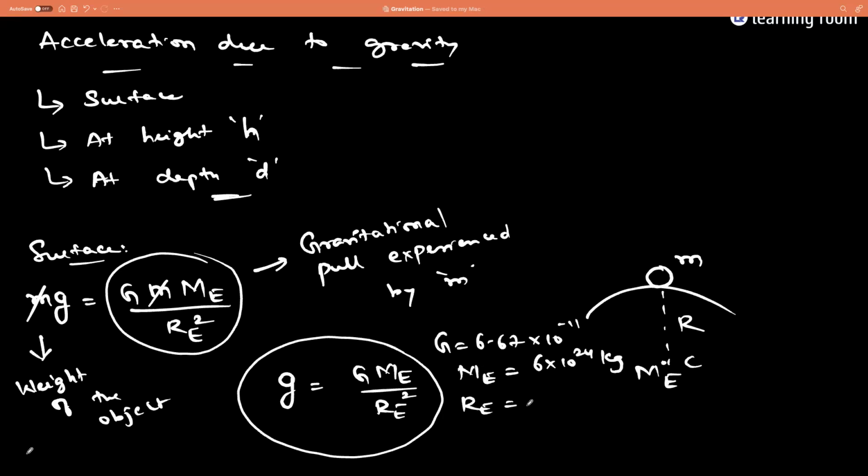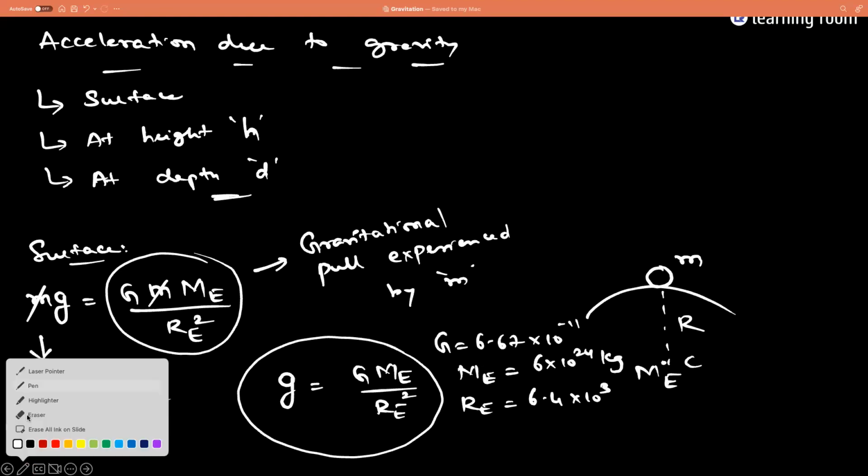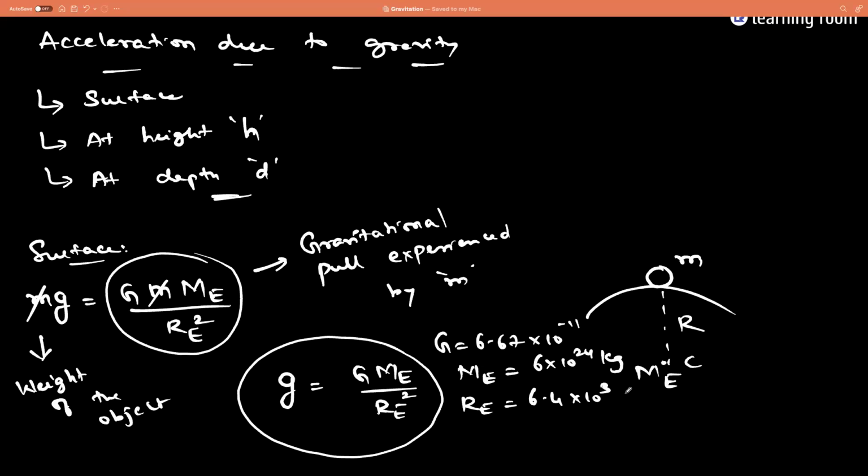What is the radius of the earth? 6,400 kilometers, that is 6.4 into 10 power 6 meter. You substitute all these values. What is the value of small g that we are going to get? 9.8 meter per second square, sir.